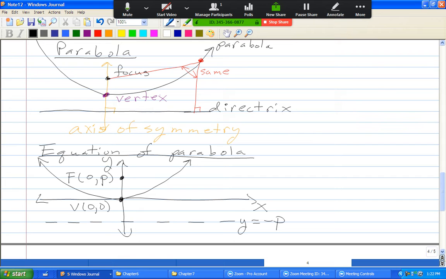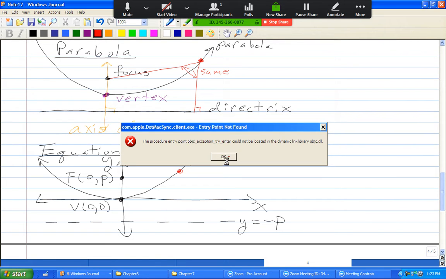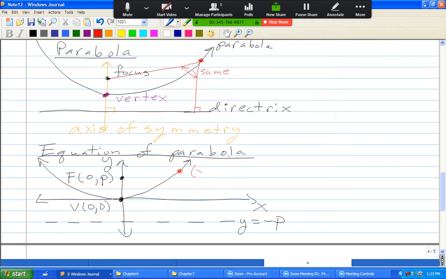Okay. Now, suppose I take some point (x, y) on the parabola. Then this distance must equal this distance. And so these two distances are the same, by definition.